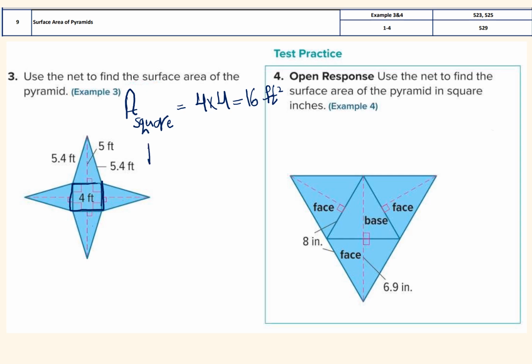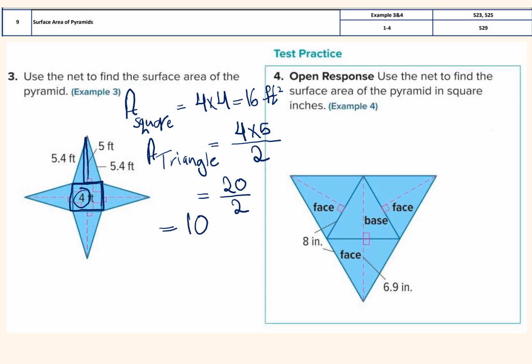So the area of a triangle is going to be, let's focus on the triangle, the base of the triangle, which is 4, times the height of the triangle, so 4 times 5 over 2 equals 20 divided by 2, which is 10 square feet.